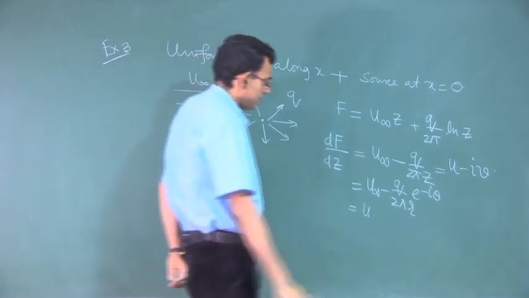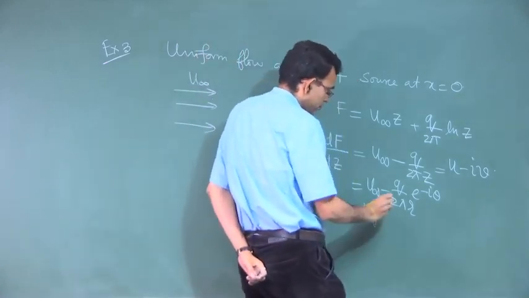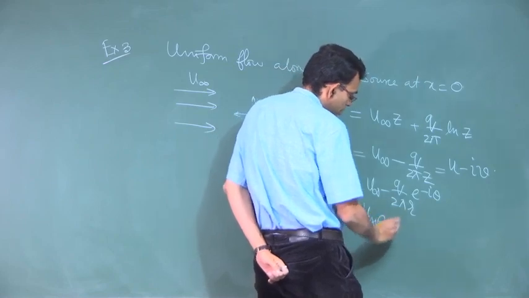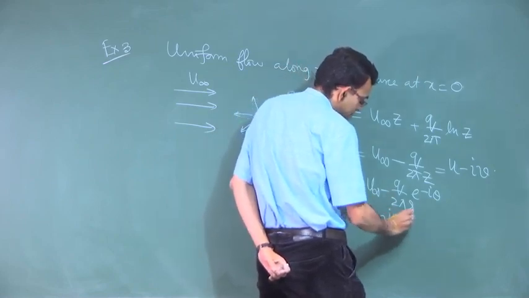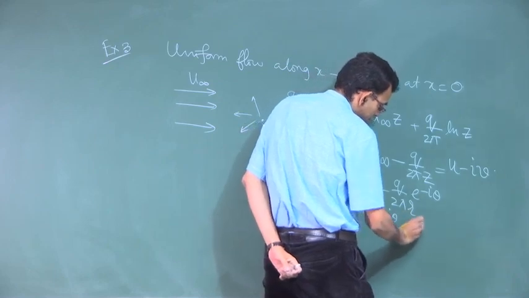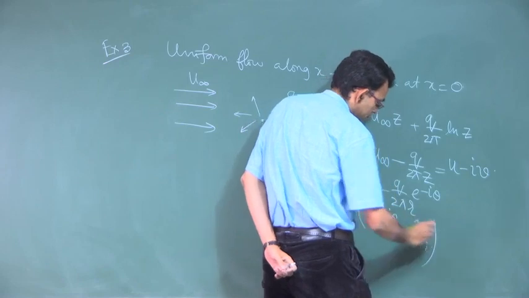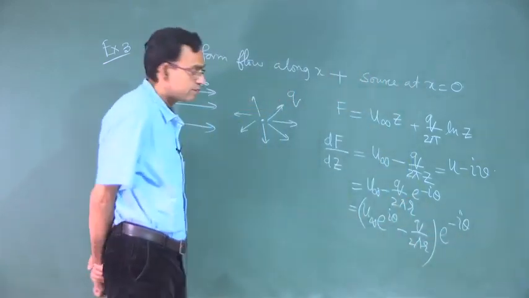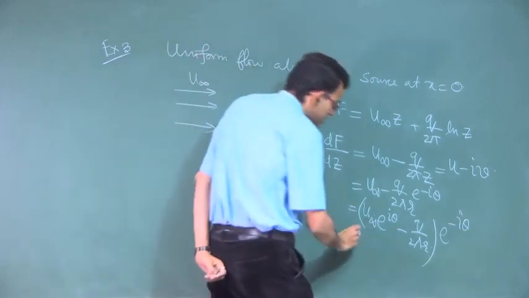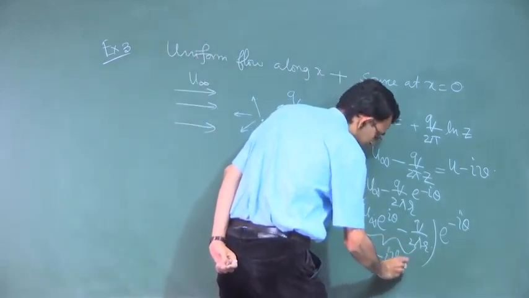So, it is u infinity e to the power i theta plus q by 2 pi r e to the power minus i theta, right. So, why have we written it in this way? Because this will now be Vr minus i v theta.